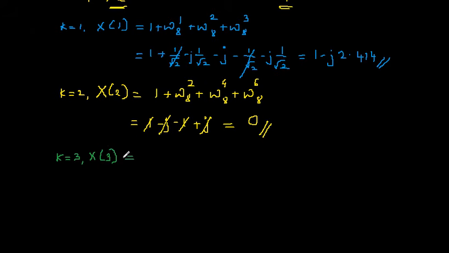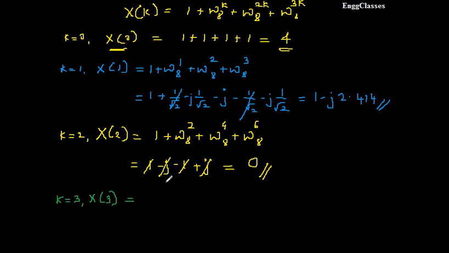So consider the same expression. The expression is here. Yes, that is 1 plus W8 to the power 3, because k is 3, plus W8 to the power 2k, that is 2 into 3, that is 6, plus W8 to the power 3 into 3, that is 9. So this is what I get now. Now I need to make use of the concept of the twiddle factors. That is 1 plus W8 to the power 3.